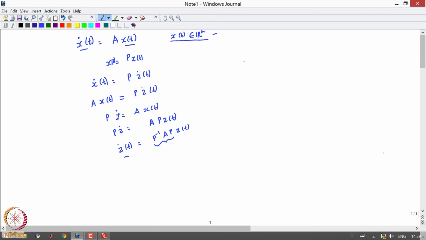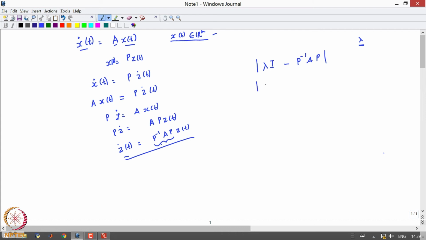So, how do I find those? I have the determinant of lambda I minus P inverse A P, which is my characteristic equation in z coordinates. This will give me a set of eigenvalues. What I want to establish is how the eigenvalues which come from the matrix P inverse A P relate to the original A matrix.